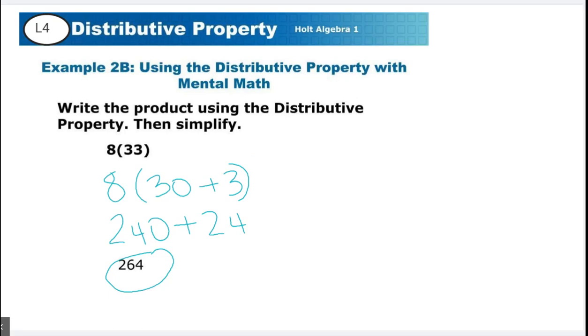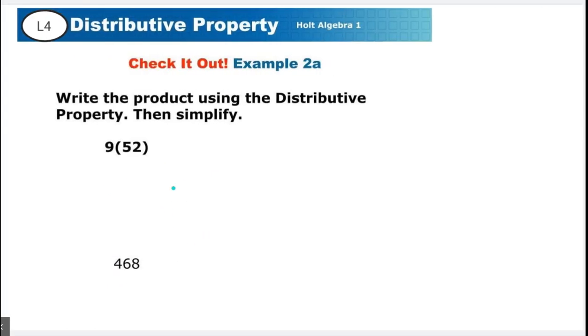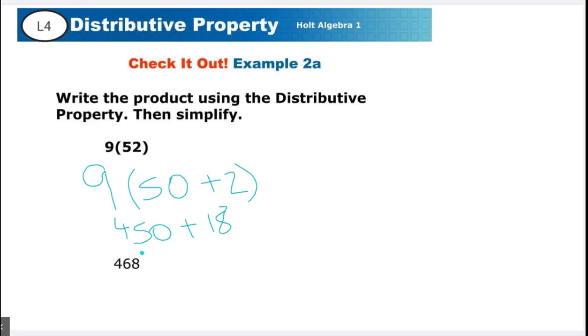Again, these are arithmetic problems you can put in your notes if you want to or not. 9 times 52. If I was given that, this is how I do it in my head. 50 plus 2. 9 times 50 I know is 450. 9 times 2 is 18, and then I add them together, 468.